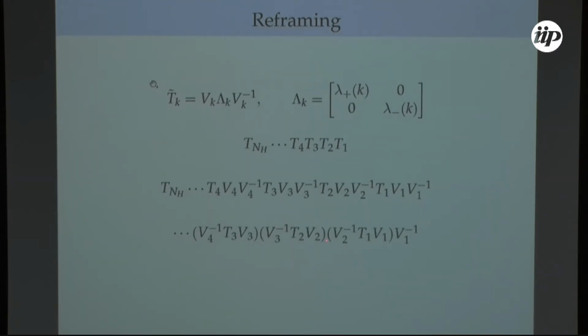Well, v3 inverse is not exactly the inverse of v2. This is close to being a diagonalization. It's a little bit off. But each of these is close to being diagonal. And in fact, you can compute how close they are to the diagonal. And it has everything to do with how close you are to the turning point where the Airy asymptotic occurs.